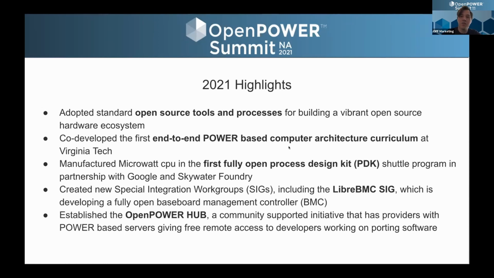So we provide an easy way to get access to Power systems. These systems from the different providers we work with can have GPUs or FPGAs in them, so which provider you go to depends on what you're trying to do. The goal is to make it more accessible and to make sure Power is a first-class citizen.